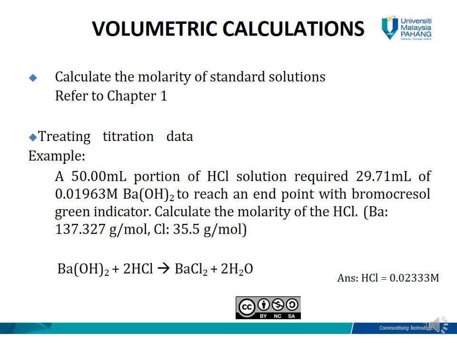So here is an example of calculation. For the volumetric calculation, most of the calculation you already learned in chapter 1, so you can simply refer to chapter 1. Here, for example, a 50 milliliter portion of hydrochloric acid solution required 29.71 milliliter of 0.01963 molar barium hydroxide to reach an endpoint with bromocresol green indicator.